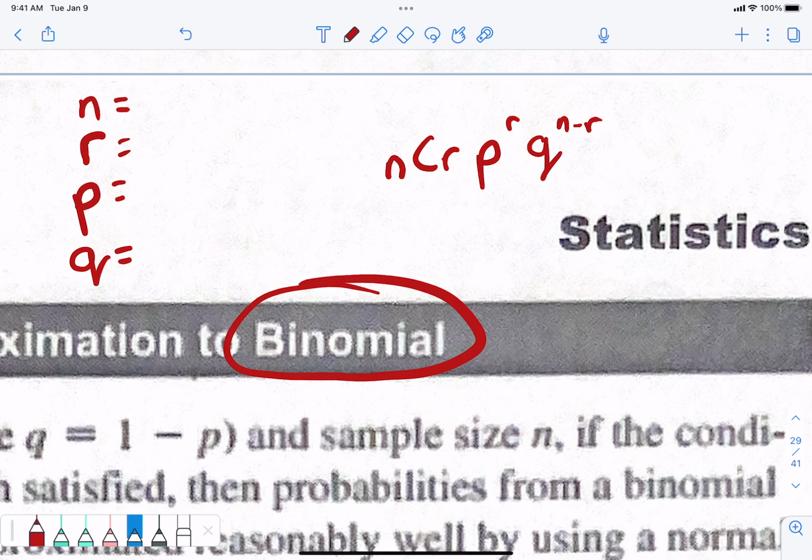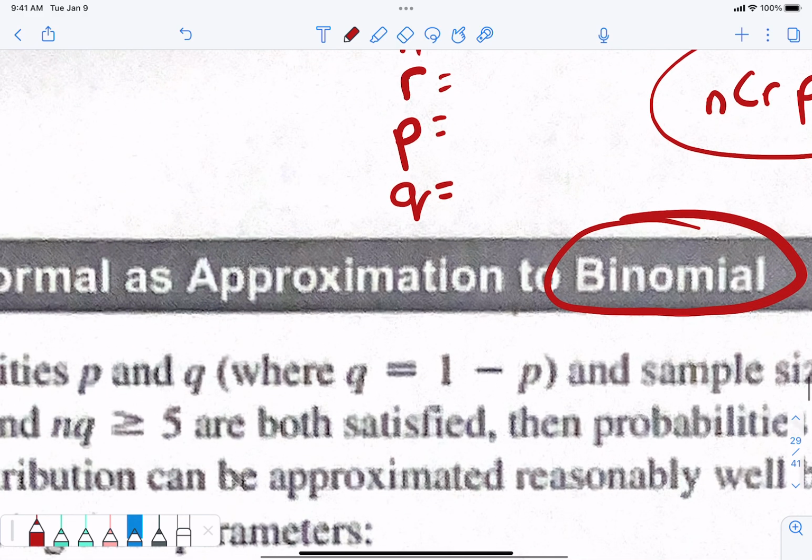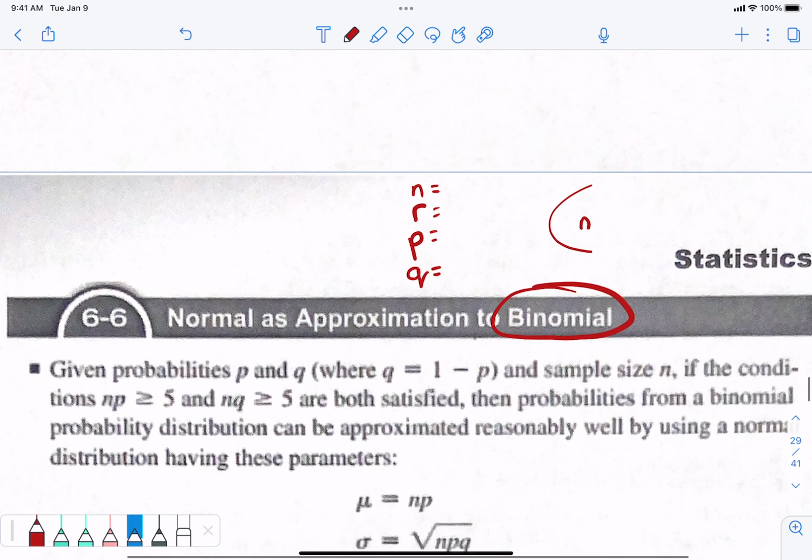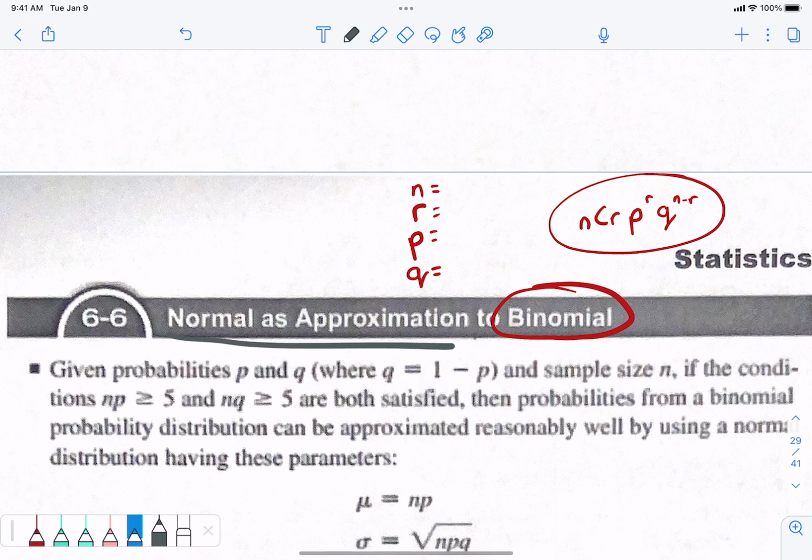We are solving stuff today using the z-score method rather than using this method. So we're taking information that we would normally do as a binomial using that formula, and we're doing it a different way. Normal approximation, we're going to do it the z-score method.